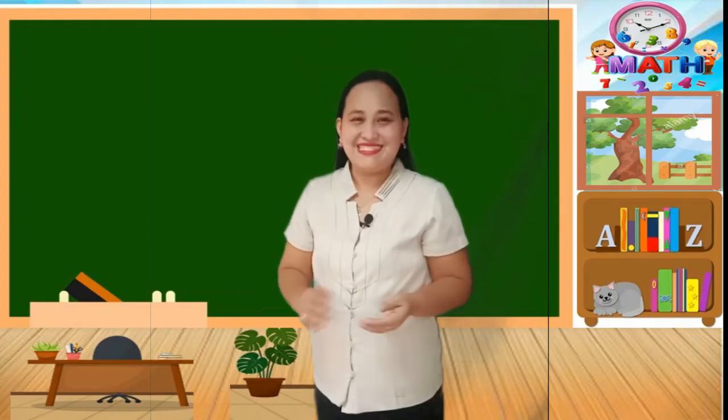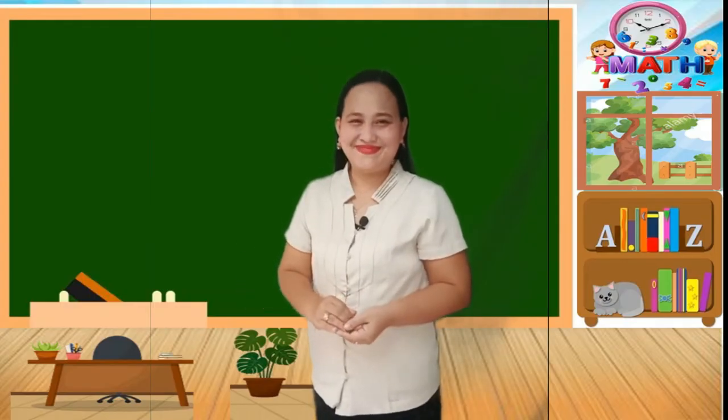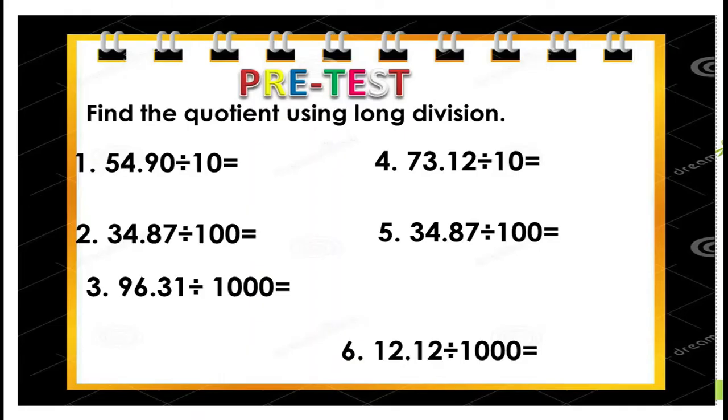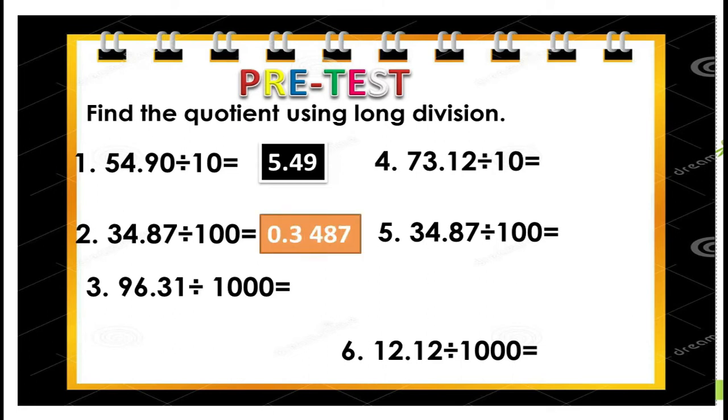Let us check the pretest. Find the quotient using long division. 54 and 90 hundredths divided by 10 equals 5 and 49 hundredths. For number 2, 34 and 87 hundredths divided by 100 equals 3,487 ten-thousandths.